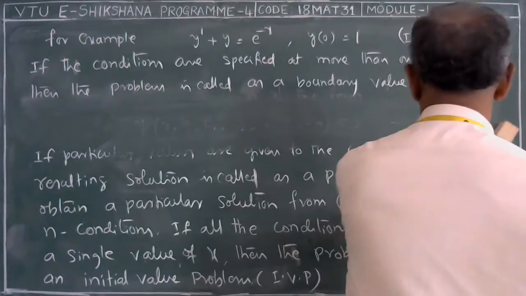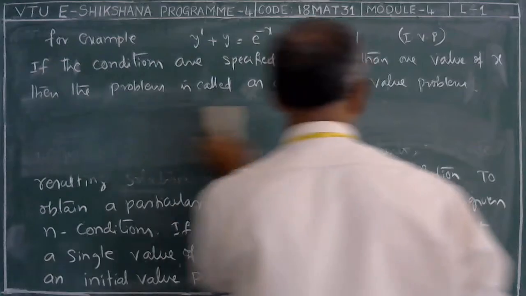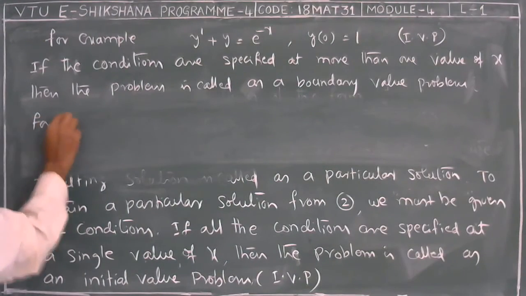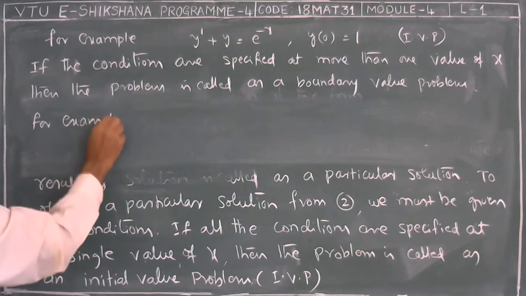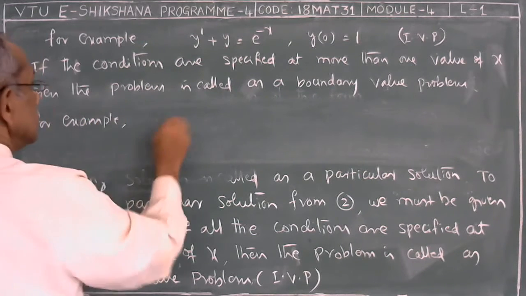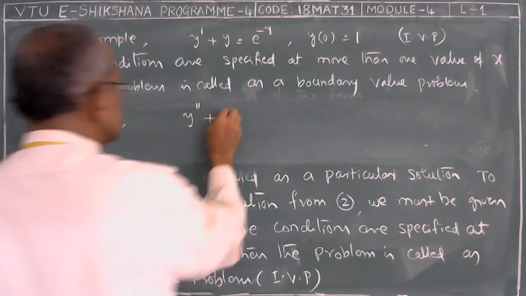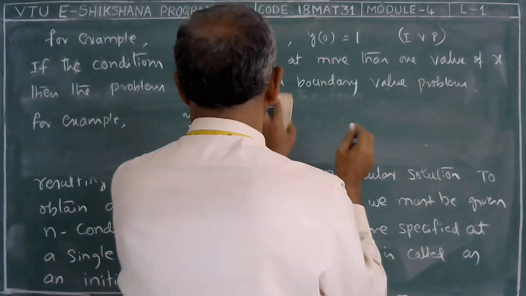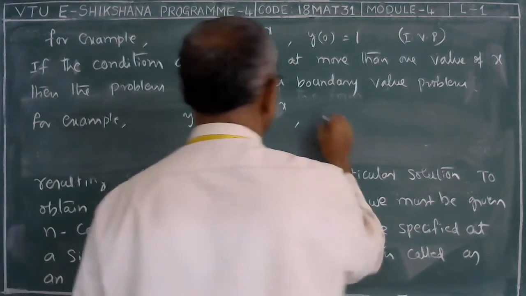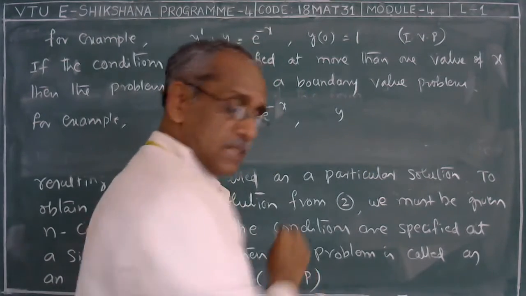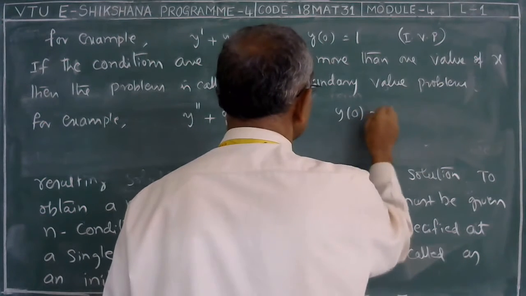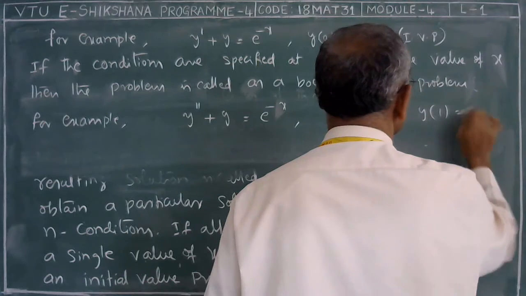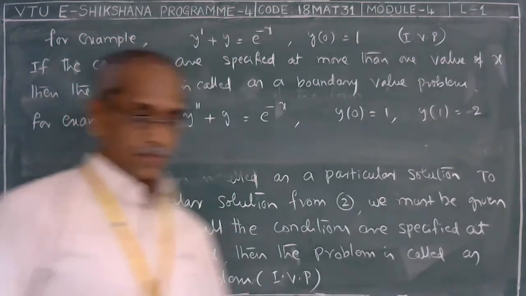For example, y double dash plus y is equal to e power minus x with conditions y of 0 is equal to 1 and y of 1 is equal to 2.